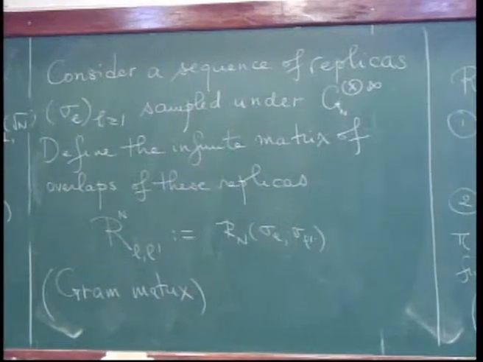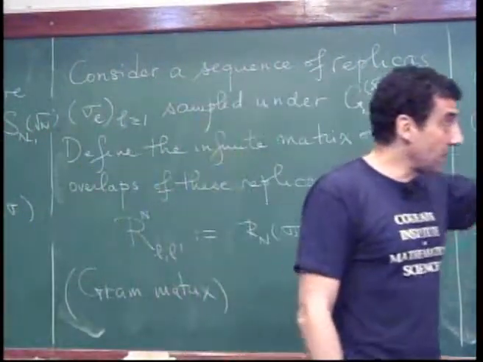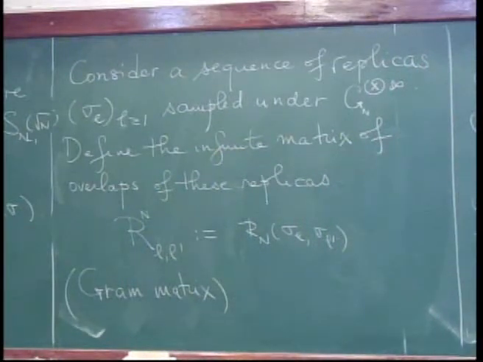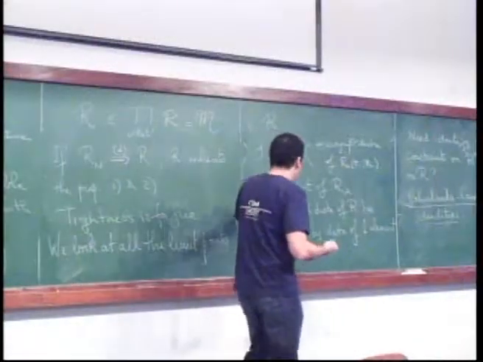But because the models come from our spin glass model, we will have these constraints that we'll describe. And these constraints we will see impose some structure on the limiting object, and essentially they impose this. That is, when you know one distribution, you know the whole distribution. Right? And this then would explain why this is the order parameter.